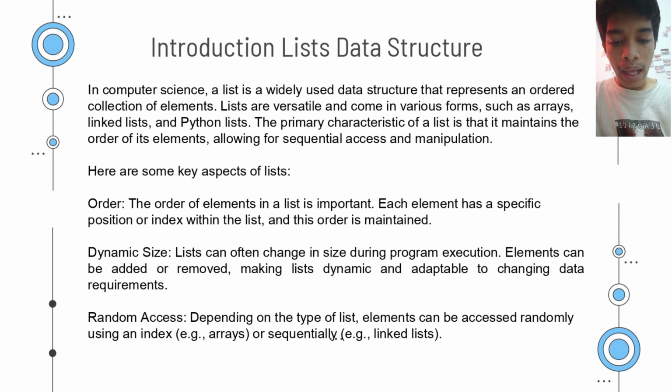Elements can be added or removed, making it dynamic and adaptable to changing data requirements. Third, random access. Depending on the type of list, elements can be accessed randomly using an index. Examples are arrays.